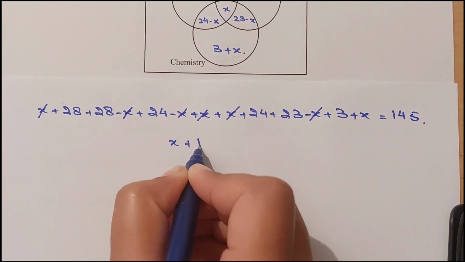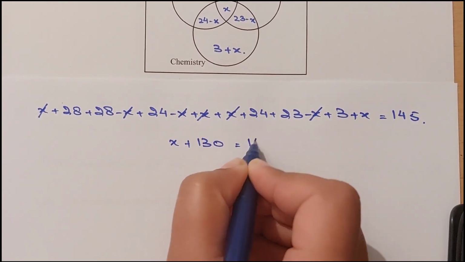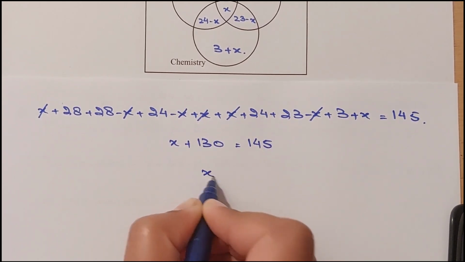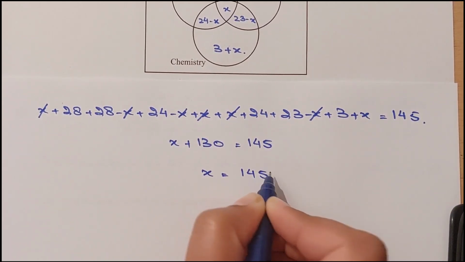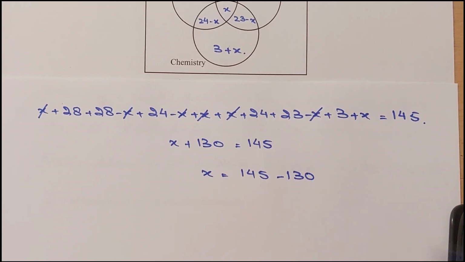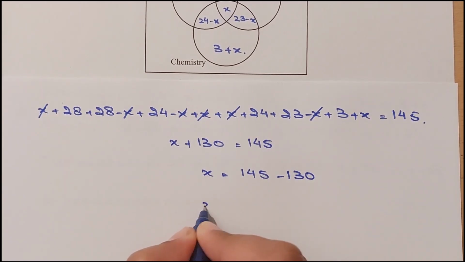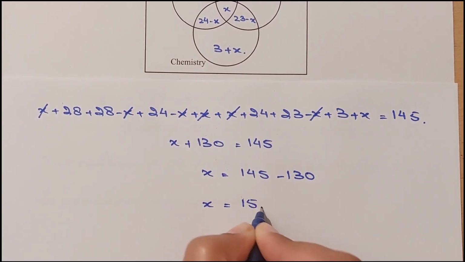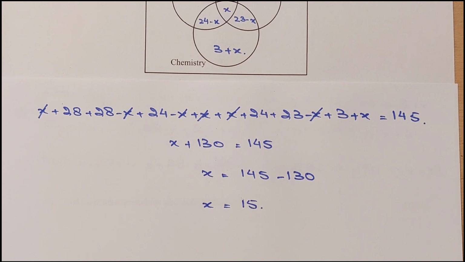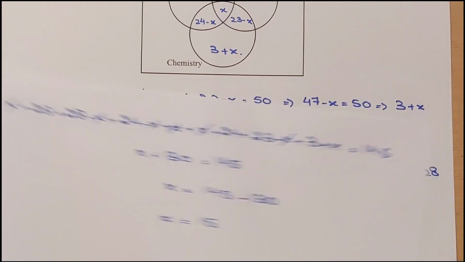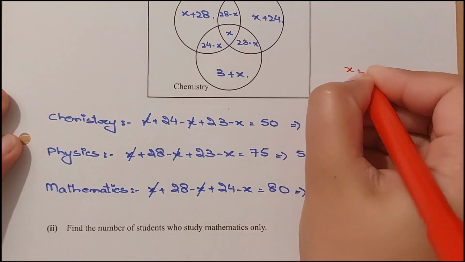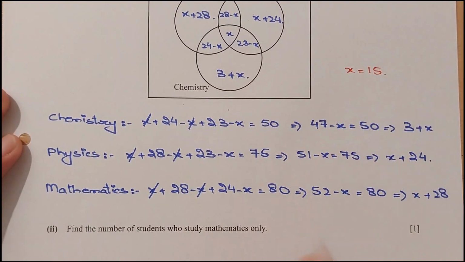So X plus 130 equals 145, so X is equal to 145 minus 130, which is equal to 15. So X is basically the students who study all three subjects. So 15 students study all three subjects.